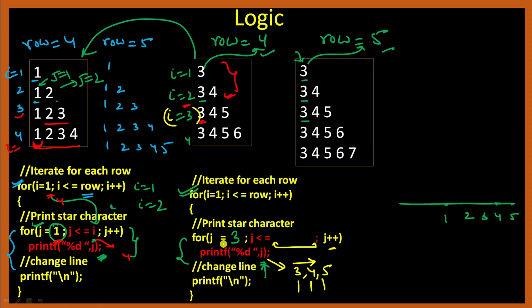So after j equal to 3 is printed, then this j plus plus will make it 4. Then we will be checking 4 less than equal to something. So whatever value should be put here, it should be such that this condition is true. Now this condition can be true like 4 less than equal to some bigger number than 4.